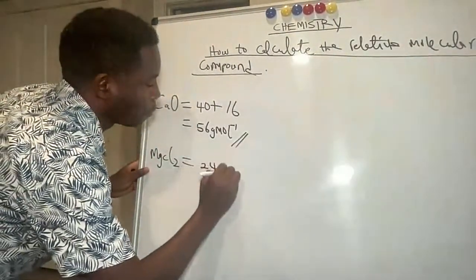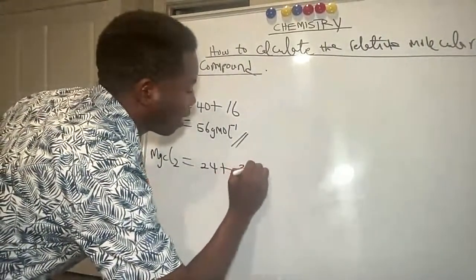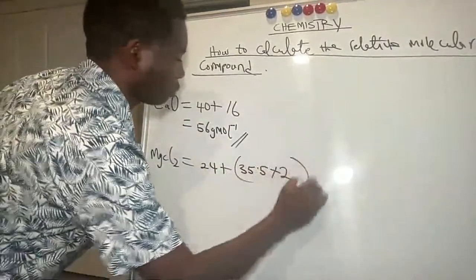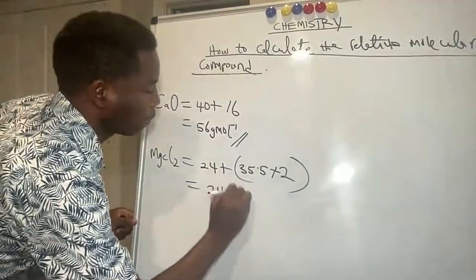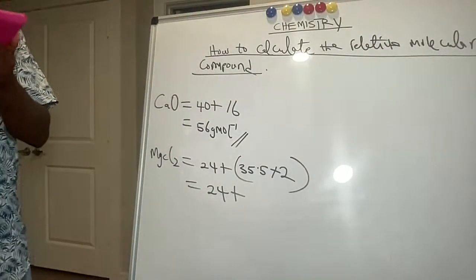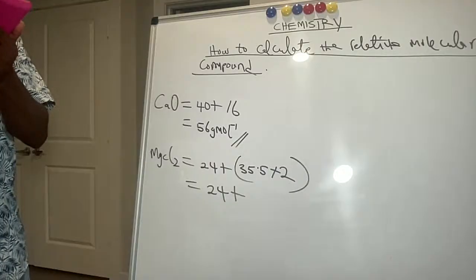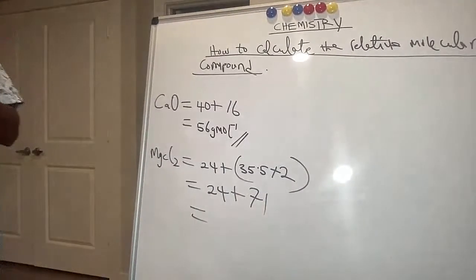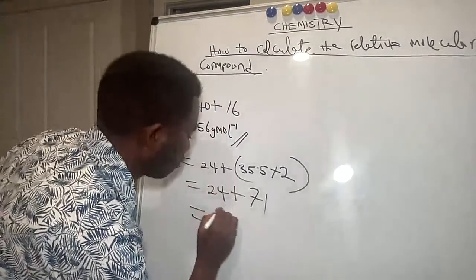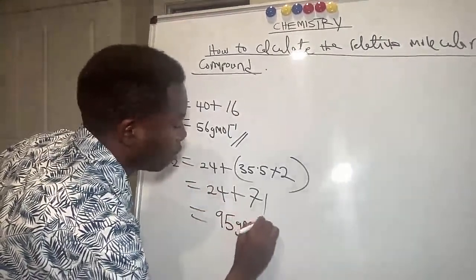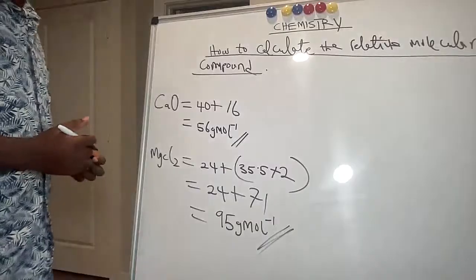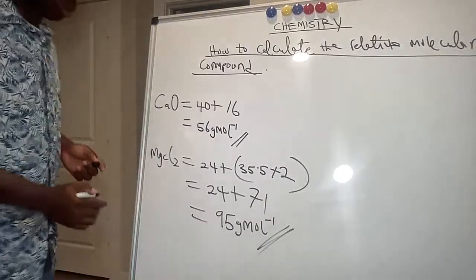It's 24 plus chlorine 35.5 times 2, which is 24 plus 71, equal to 95 gram per mole.